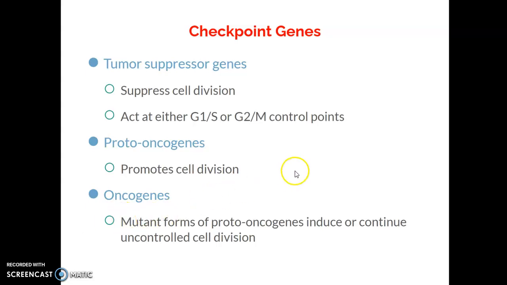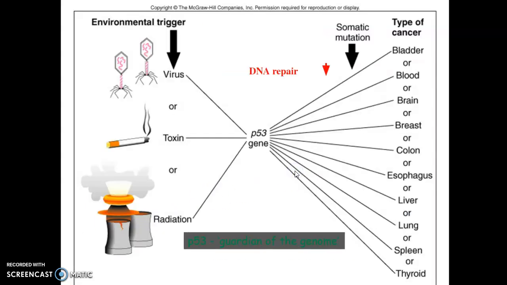Now, what can cause some damage to our cells? This is an example right here in terms of understanding those divisions. Here's an example of P53. A virus, toxin, or radiation, any of those environmental triggers, and P53 is going to try to correct it so it's good.